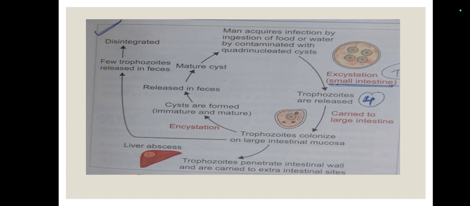The most common extraintestinal site is the liver, where it causes liver abscess. And some undergo encystation. They again form the wall of the cyst and are released into the feces as mature cysts, and the cycle goes on. A few trophozoites are released in feces and they disintegrate.